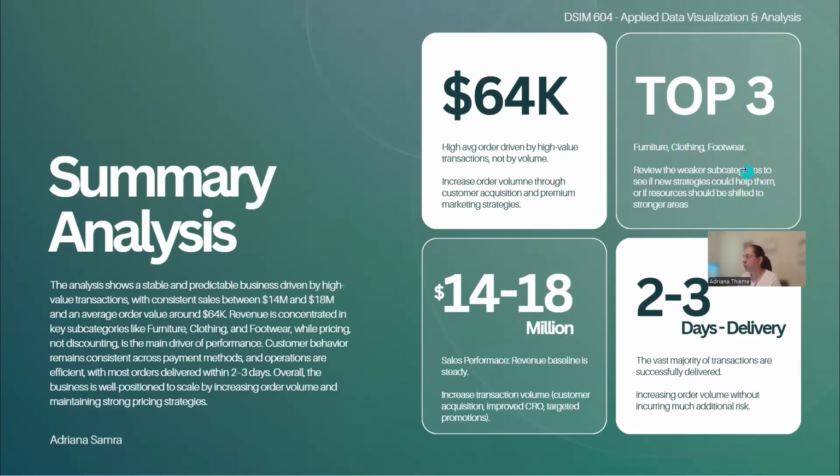So we are recommending to review weaker subcategories to see if new strategies help them lift up and if resources should be shifted to stronger areas. Customer behavior remains consistent across payment methods and operations are efficient, with most orders delivered within 2 to 3 days. So overall, the business is well positioned to scale by increasing order volume and maintaining stronger pricing strategies.